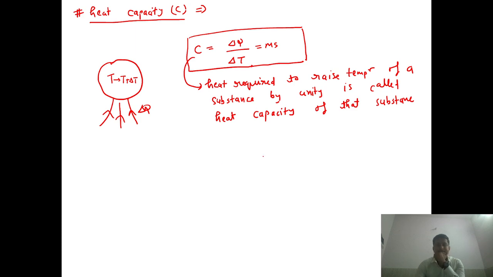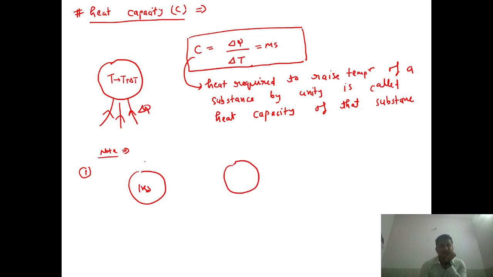A note point we can remember: say we are taking three substances. The first substance is 1 kg water, the second is 2 kg water, and the third is 3 kg water.